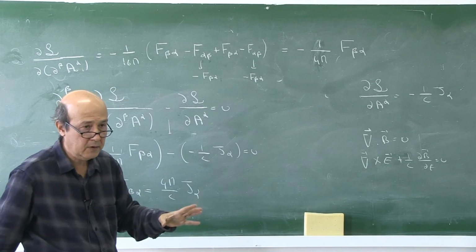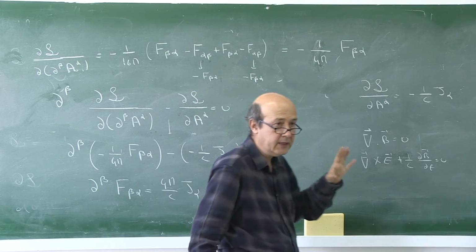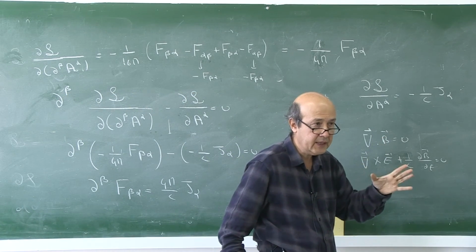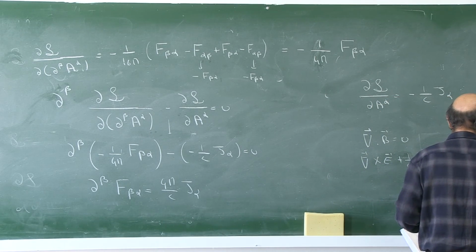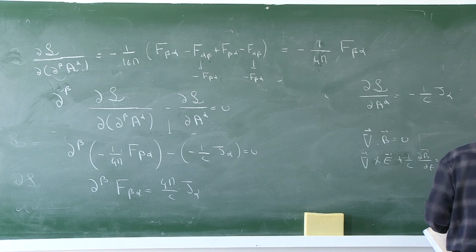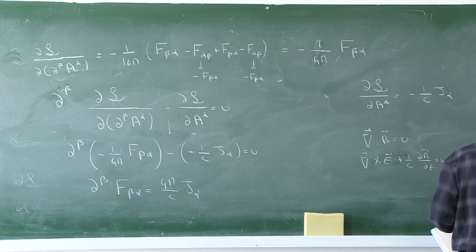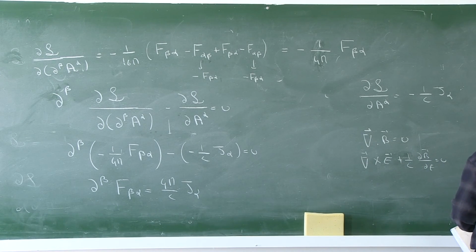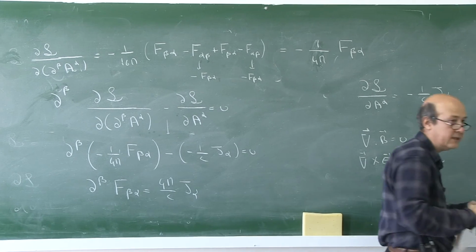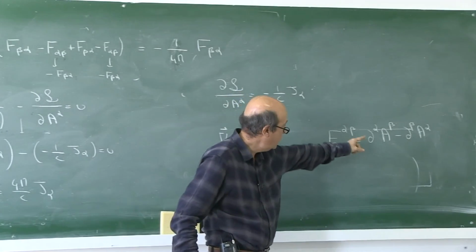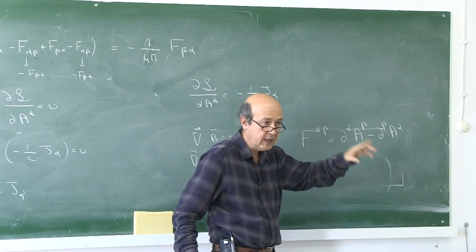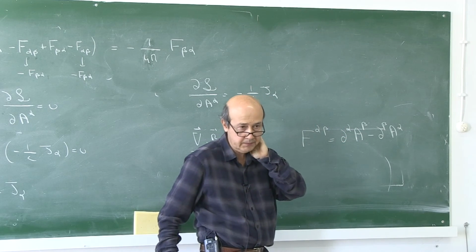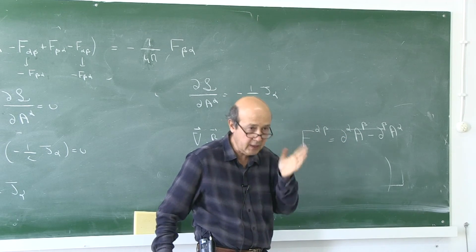The answer is the following. Think about the field strength tensor. What are the elements of the field strength tensor? The 4-potentials. The elements of the 4-potentials are the scalar potential and the vector potential.